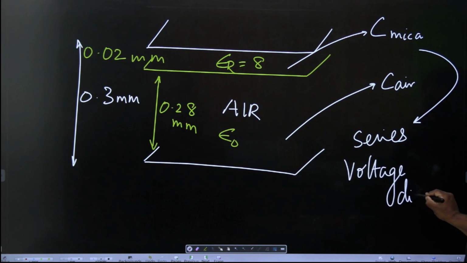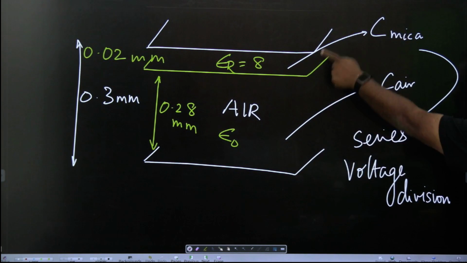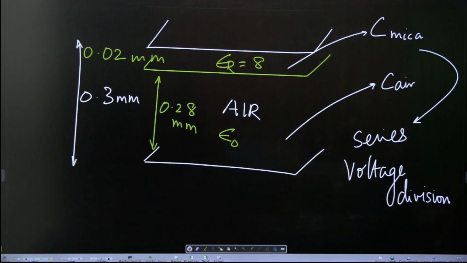So voltage division की वजह से they come in series. So series voltage division causes the final capacitance. So find out mica capacitance, air capacitance.